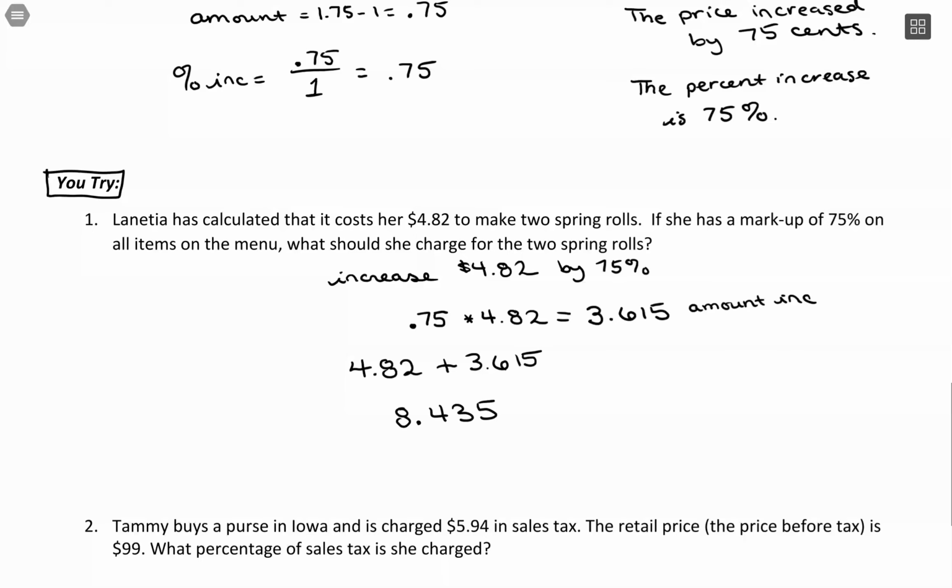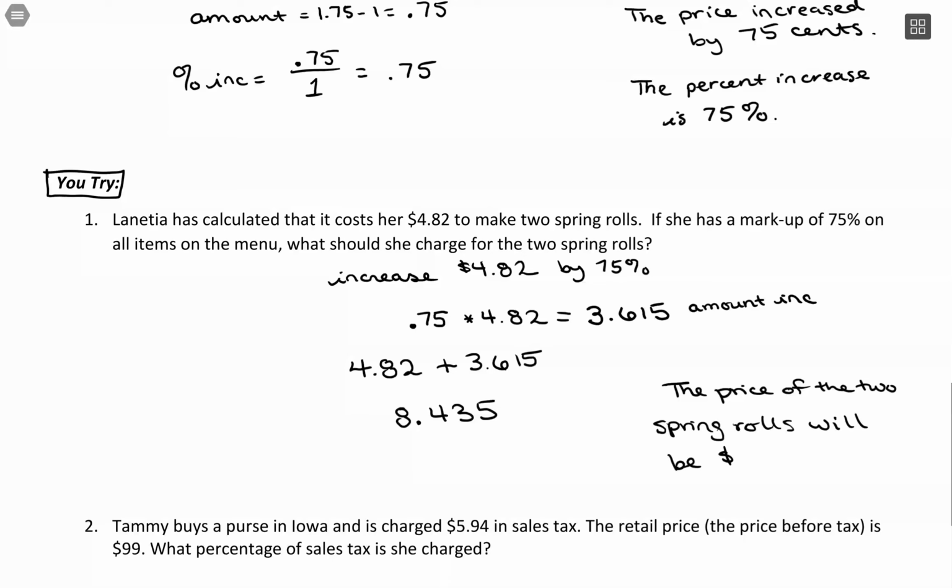If I make a sentence here, the price of the 2 spring rolls will be, and then we're dealing with money here.